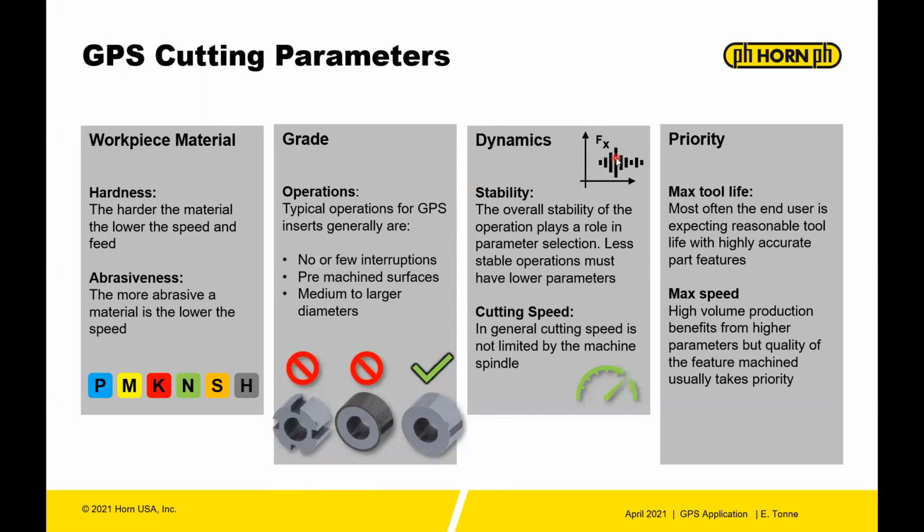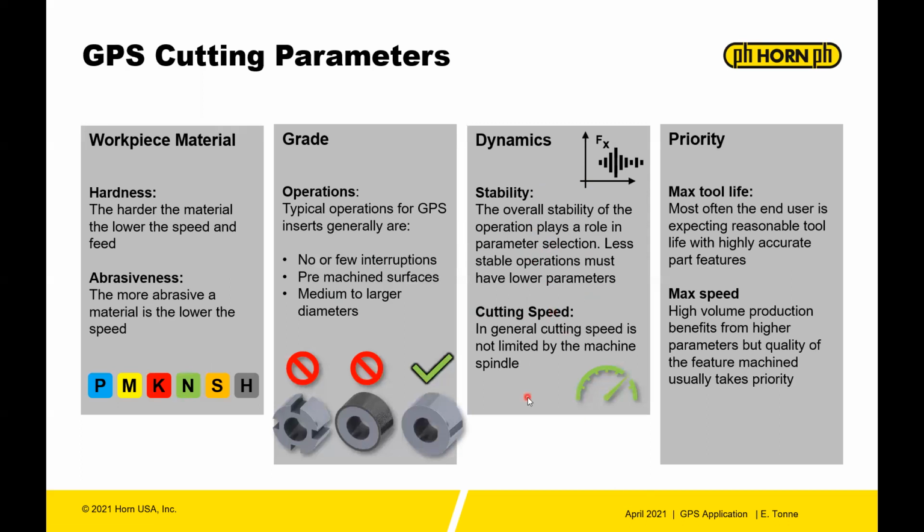The dynamics of the application are very important. Stability, especially in part off and deeper applications. Make use of our modular systems so you can really shorten up your tool length, and just remember every millimeter counts. So short as possible to have the best stability.